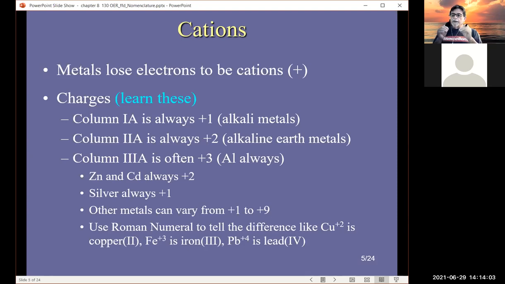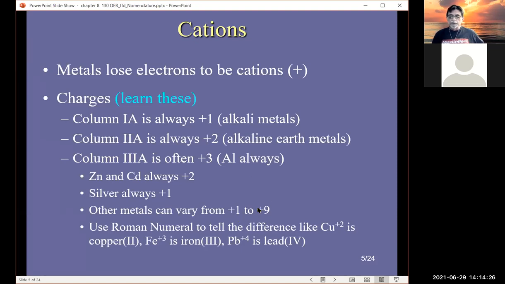That Roman numeral applies to the metal. It doesn't apply to its corresponding anion, its partner. So if you see a Roman numeral in the name, it applies to the metal and it tells you what oxidation state that metal is in.